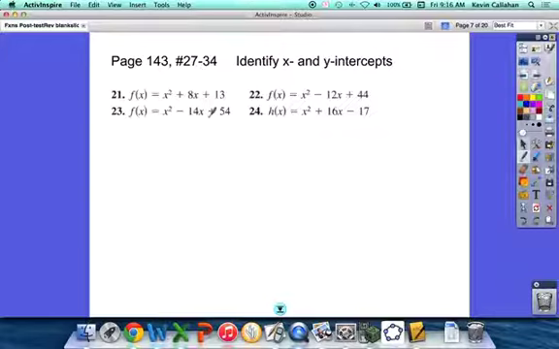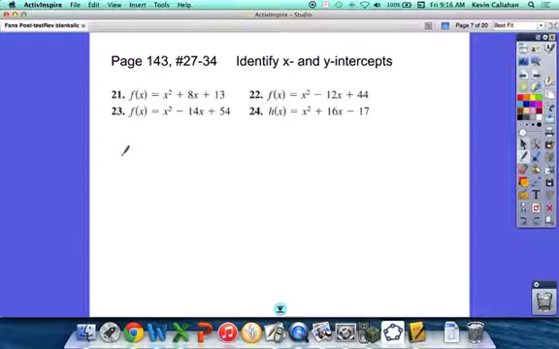You substitute x equals 0. When a quadratic is written in standard form, you're left with just a constant. So the y-intercept is that number, without doing anything: 13, 54, 44, negative 17.